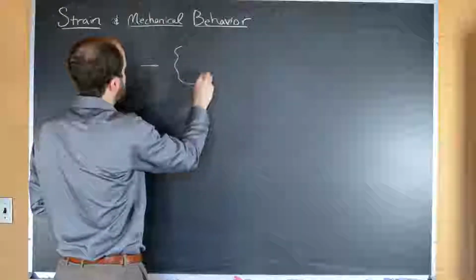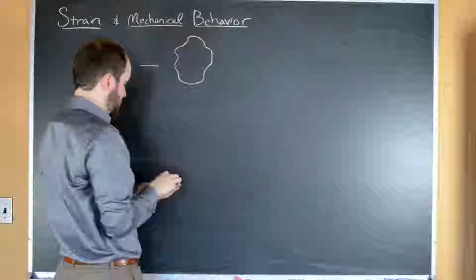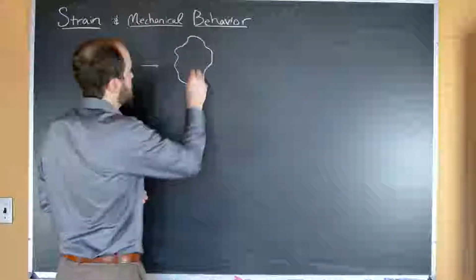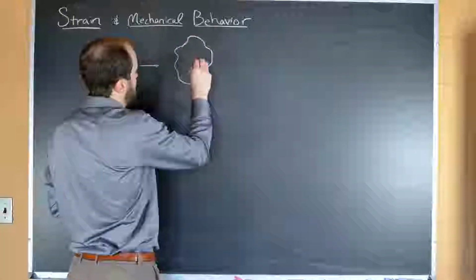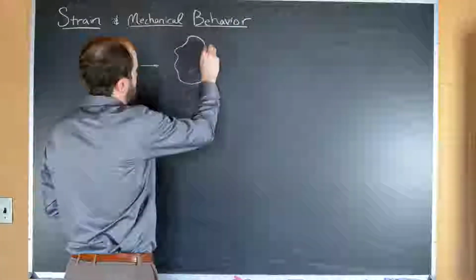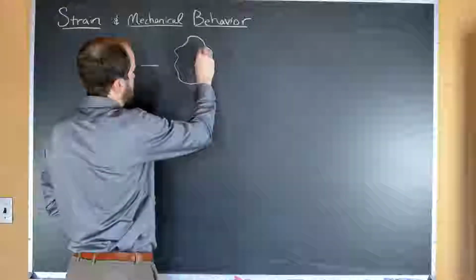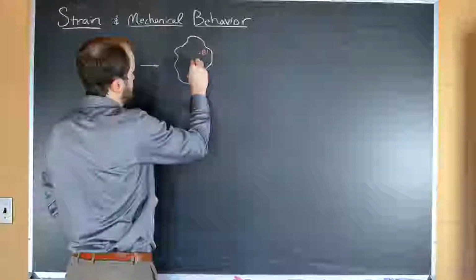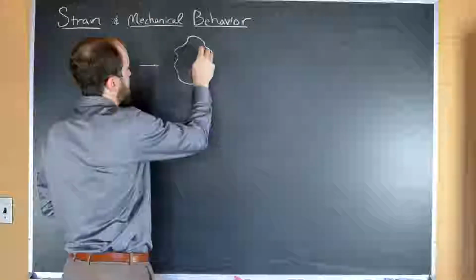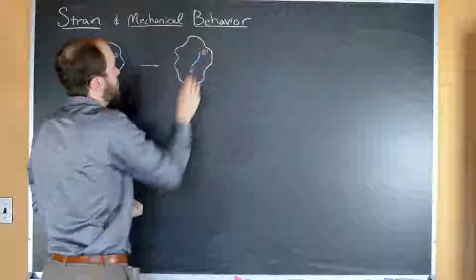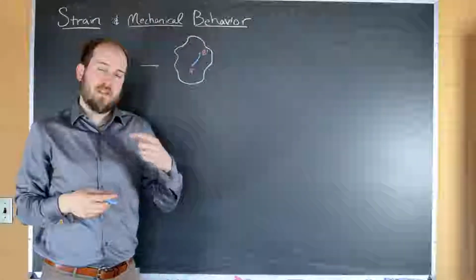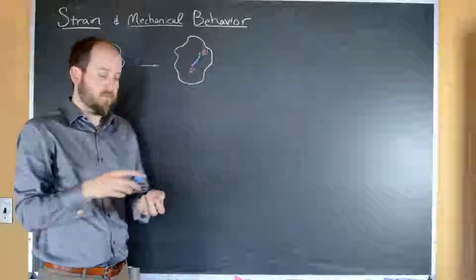And we can look at the newly deformed shape, and we want to look at those exact same points. And so we can call them A prime and B prime. And now some deformation occurred that changed the distance between the two of them.